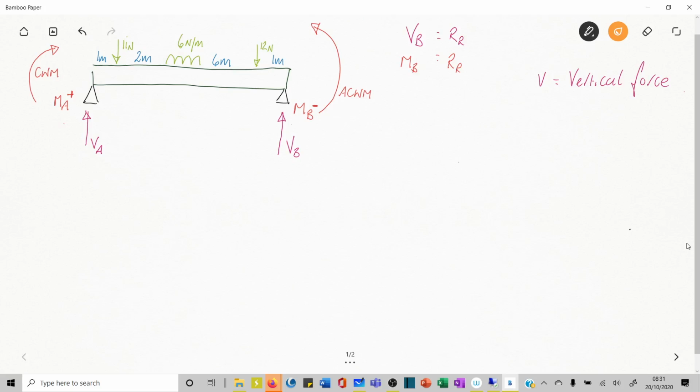The sum of vertical forces, that would be forces A and forces B, equal the total forces down. So the total vertical force is VA plus VB equals 0. They equal the same amount of forces down, so the total sum of forces is 0, in brackets, because it is equilibrium.